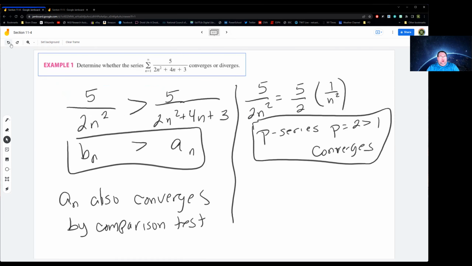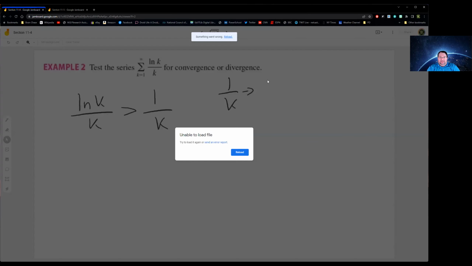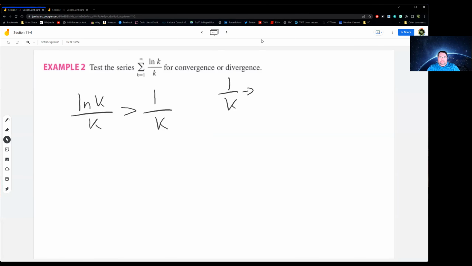So now that I have this comparison, this 1 over k right here, what's the special name for that? Derivative of ln?